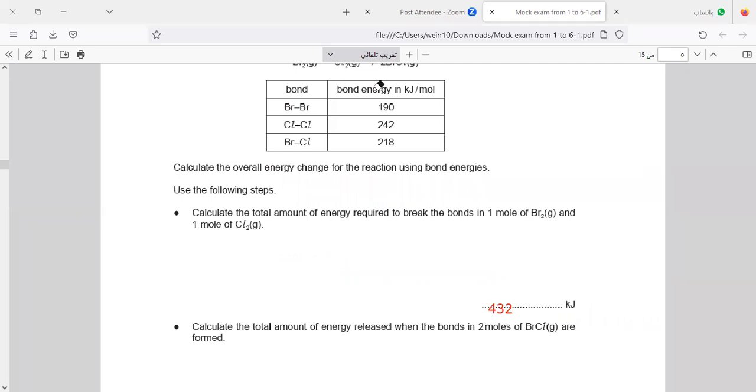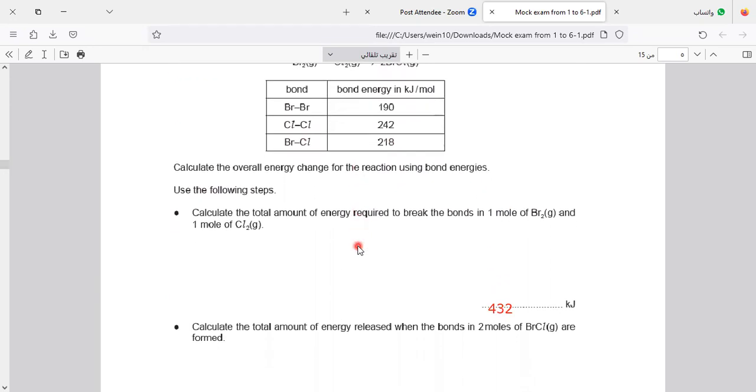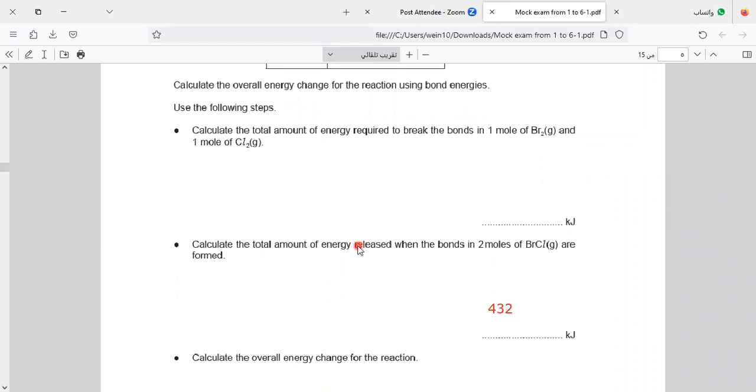This is number one. Number two, we need the total amount of energy released in 2BrCl. But attention here, you have 2 at the beginning. So 2 multiplied by BrCl, the value of BrCl is 218. 218 multiplied by 2 will be 436.